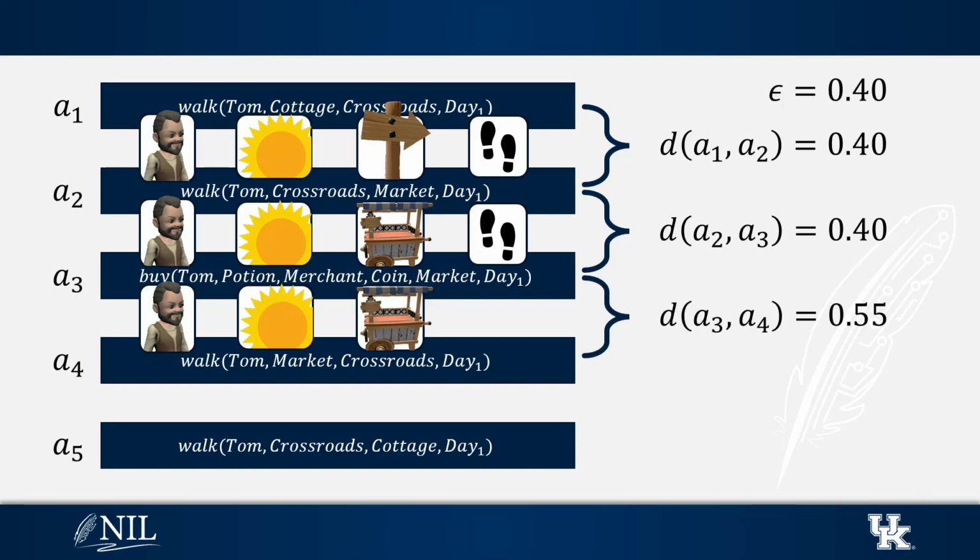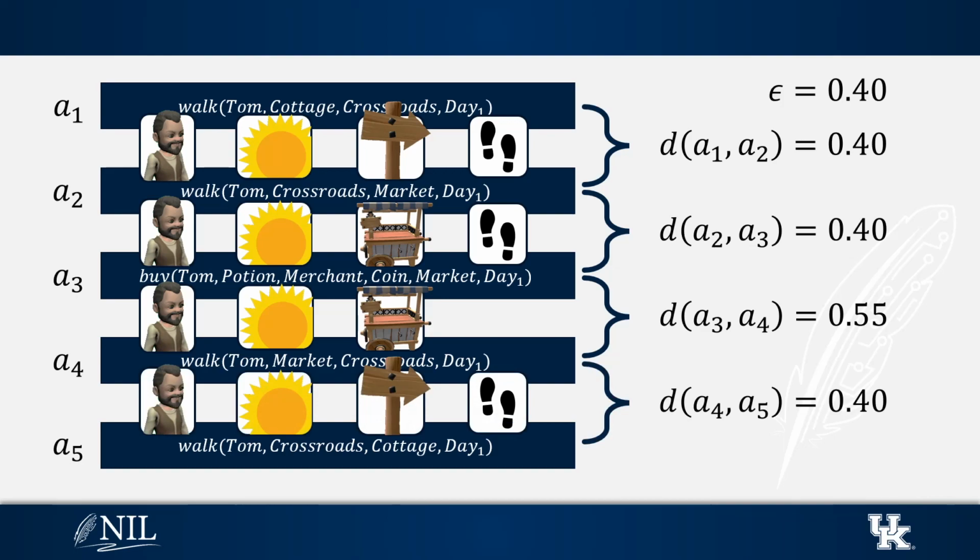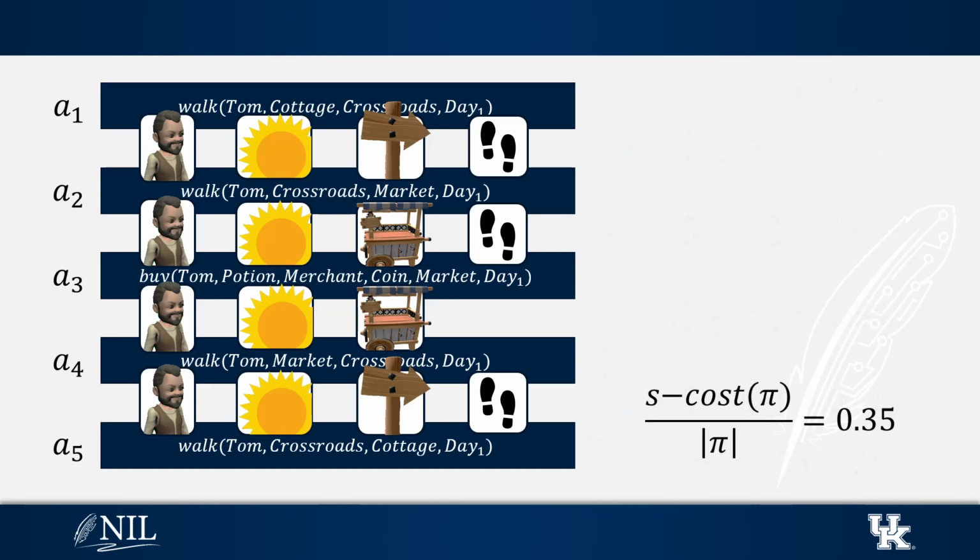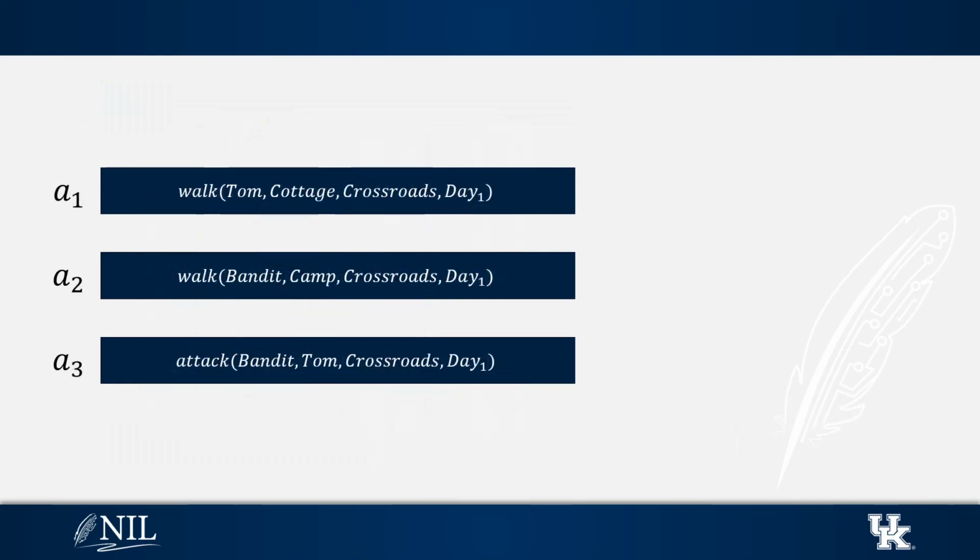While buying the potion is necessary for the story, it doesn't enable action 4 to happen, so these 2 don't share causality, and their salience distance is 0.55. The last pair of actions again has the lowest possible salience distance, and we can add up all these 4 values to get the total salience cost of the plan. And if we divide that value by the number of actions, we can see that the average distance between actions is about 0.35.